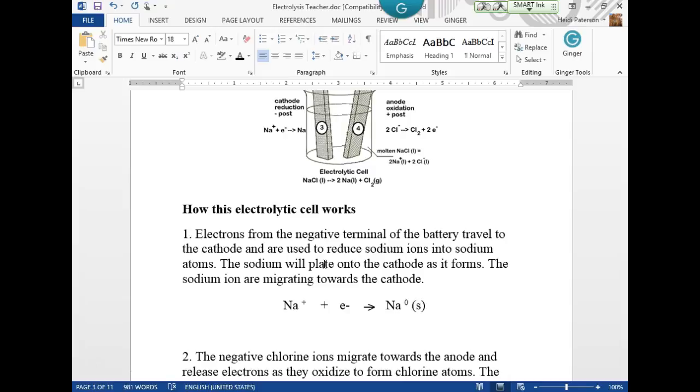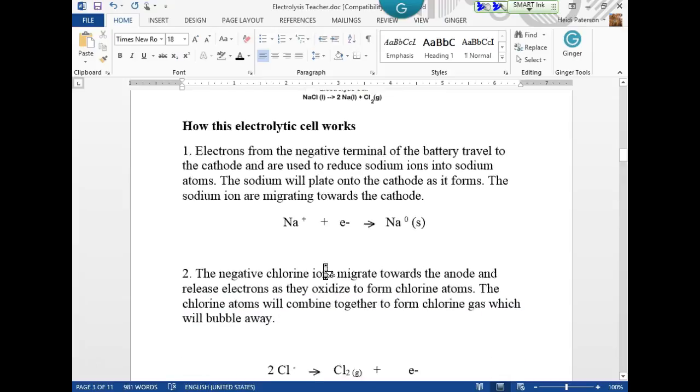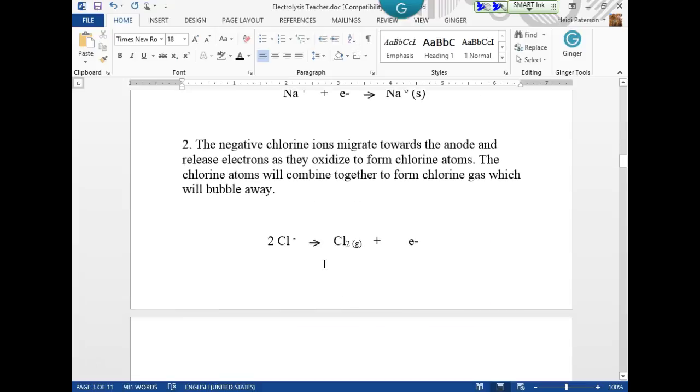Over here, the negative ions go towards here, and then they go through oxidation, and then they lose the electrons. The electrons travel from this post to the positive side of the battery. Again, what's formed is a chlorine gas, so you need to make sure that you take steps to actually protect somebody who is doing this experiment.